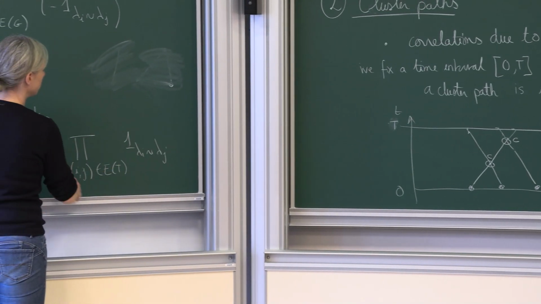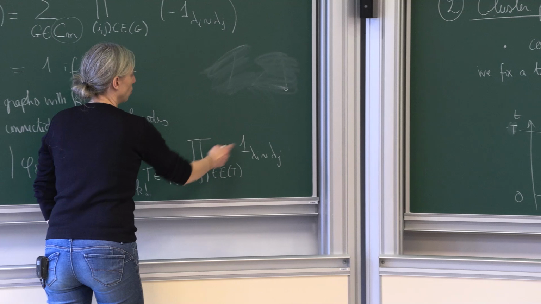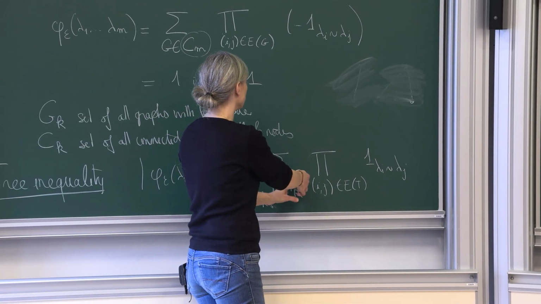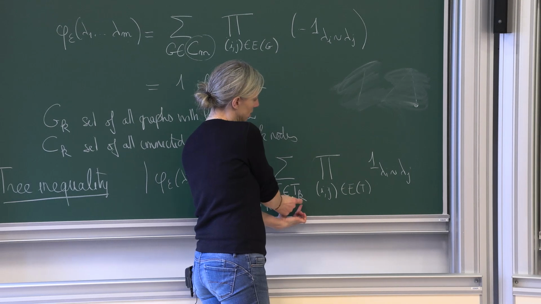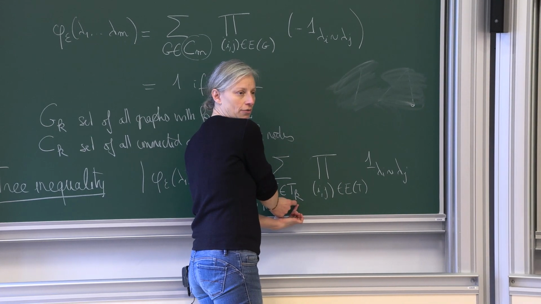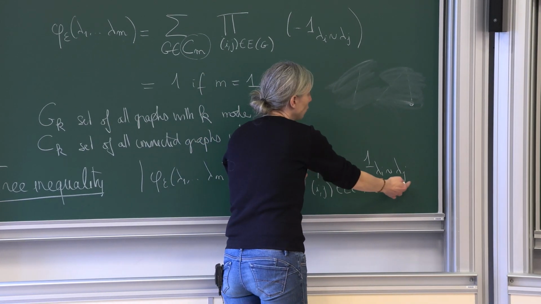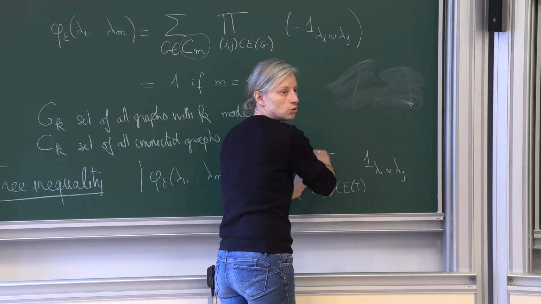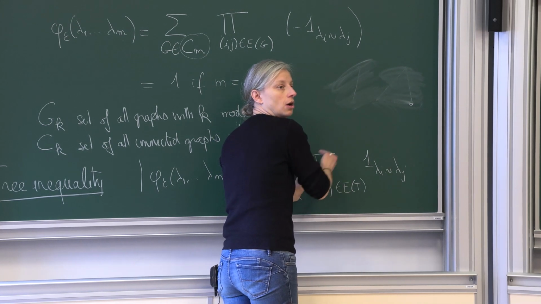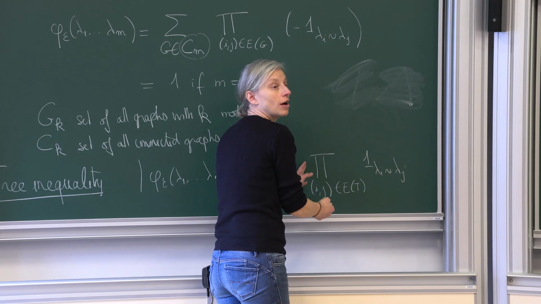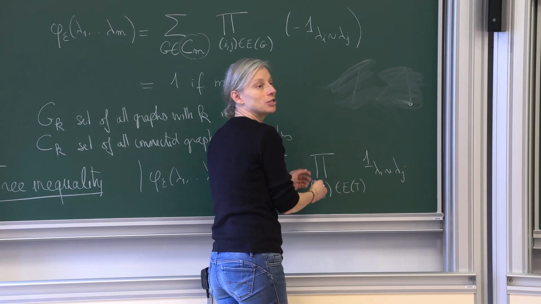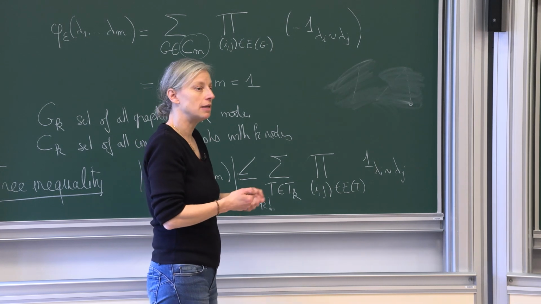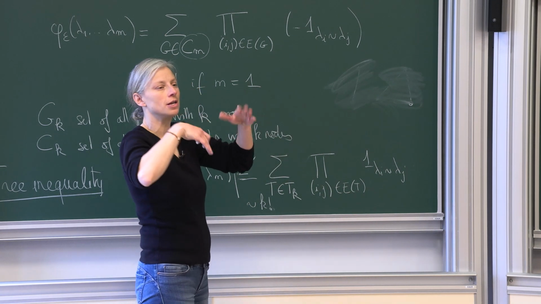So you say it is over all the graphs which have this t as a minimal graph. Of course they always have the edges in t, so this is supported on the graphs which have at least all the edges in t. But then all the other edges will compensate.